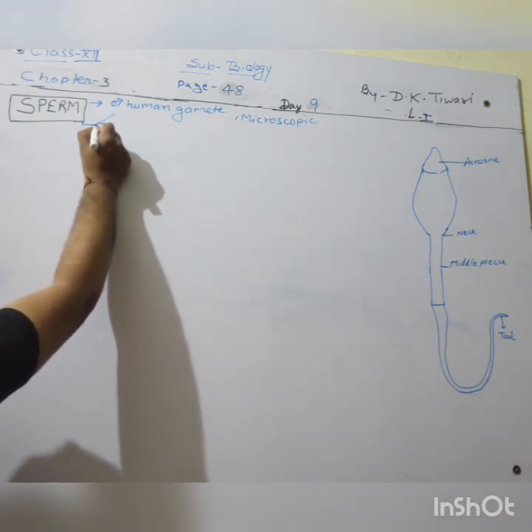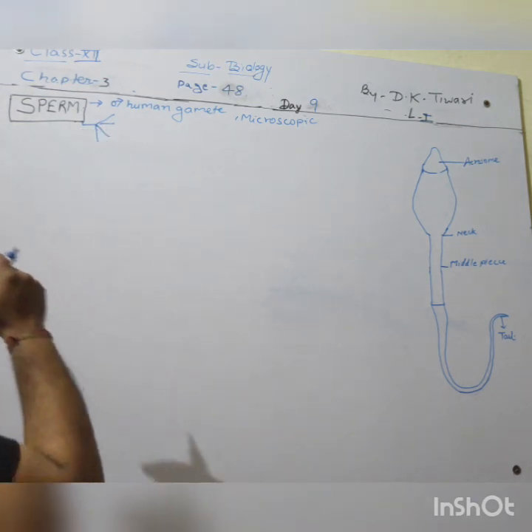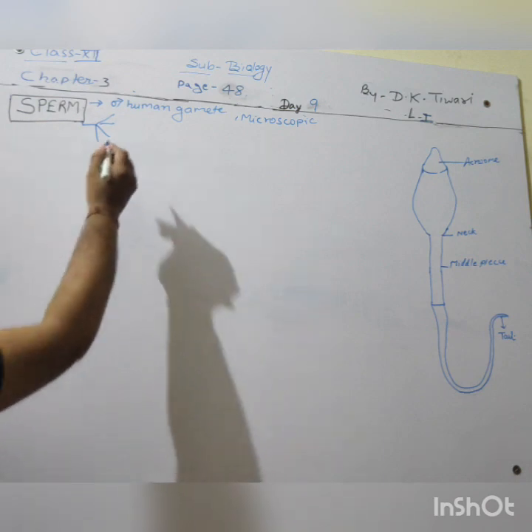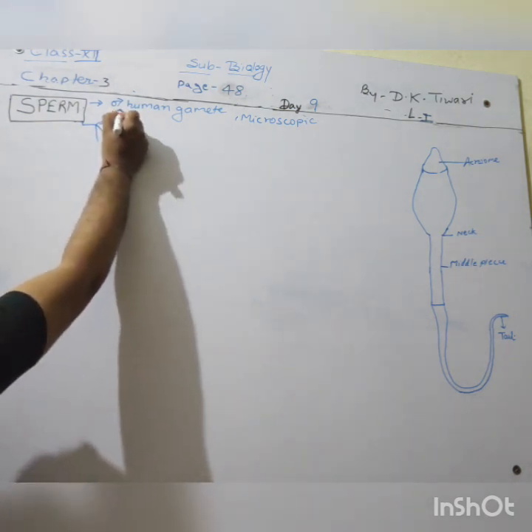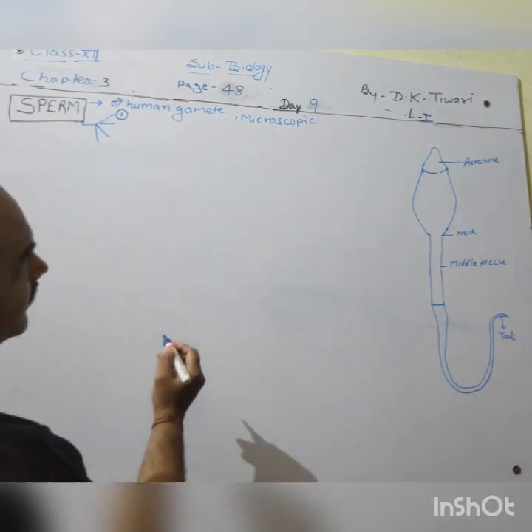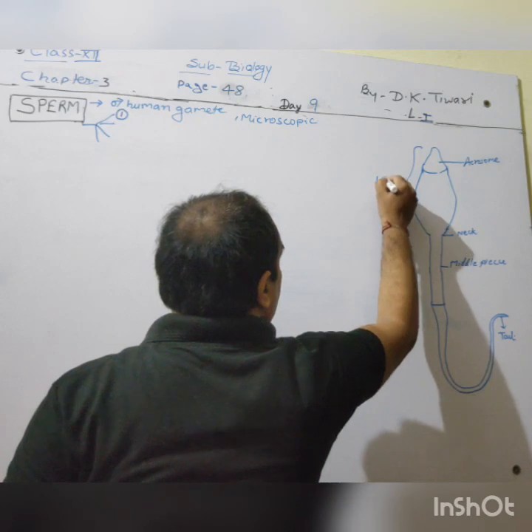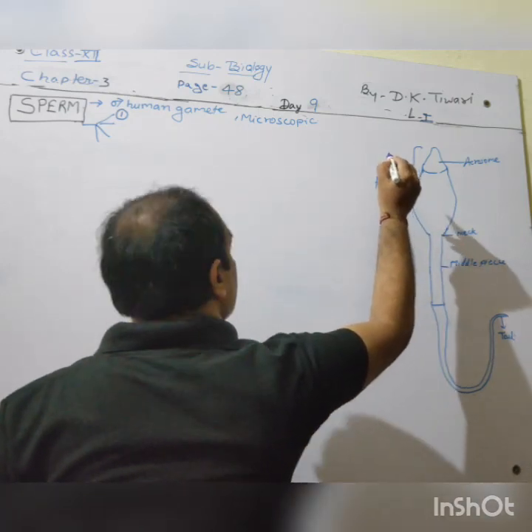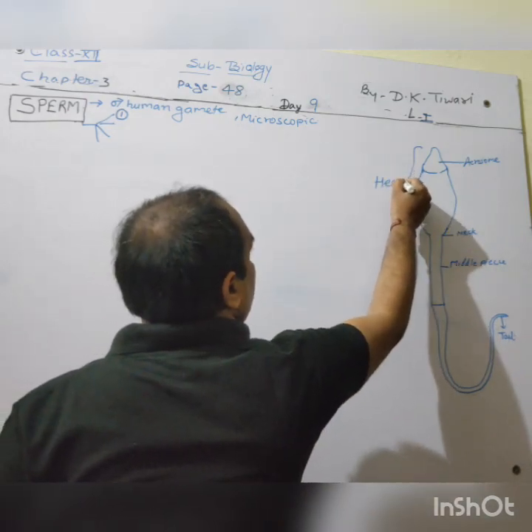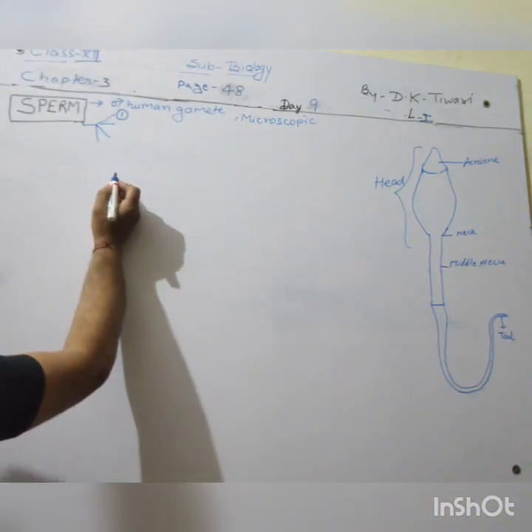Those parts are number one, head. I will write the numbers here and show them there. This one is head. Number two, neck.